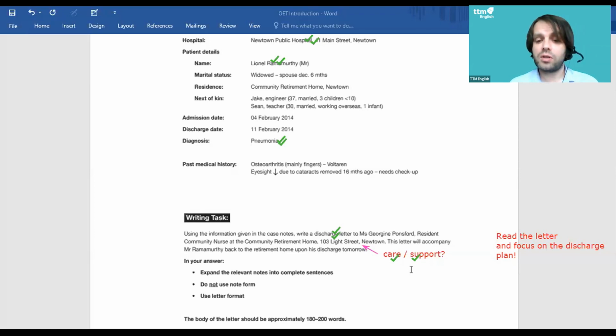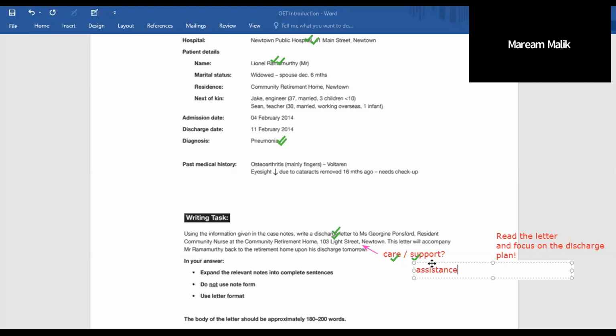Let me just test this with Mariam. Can you just do the same thing, Mariam, here? I know it's quite easy. I'm writing regarding Mr. Ramamurthy, who was admitted to our hospital. Good. For, due to, is it? Yeah, due to pneumonia. Good. And now, full stop.